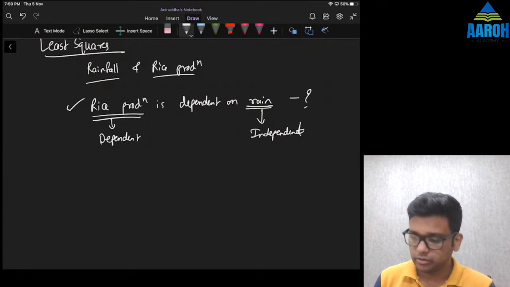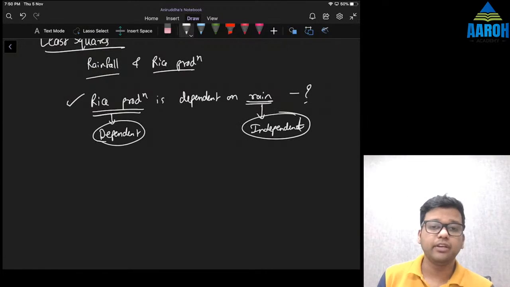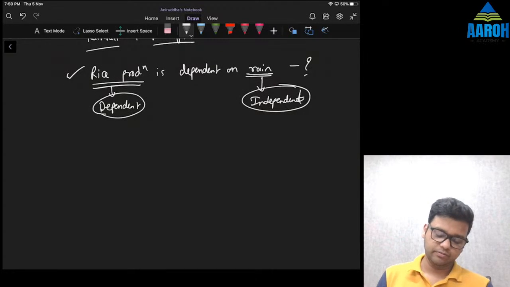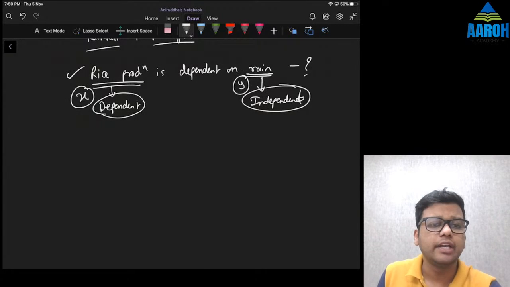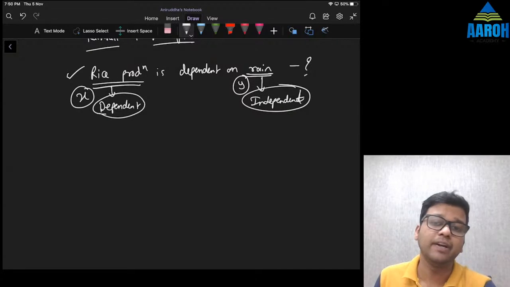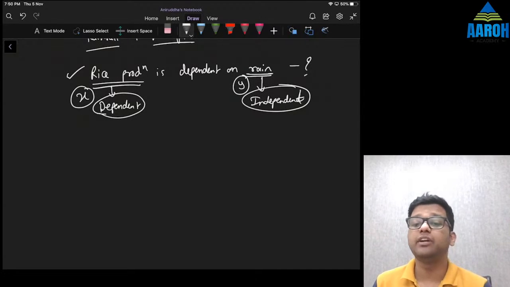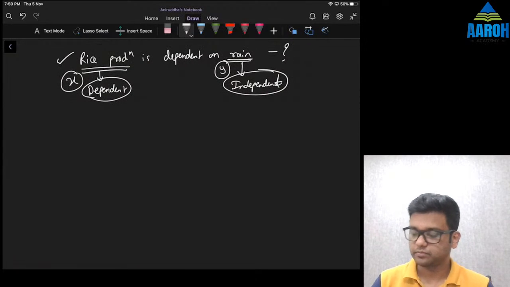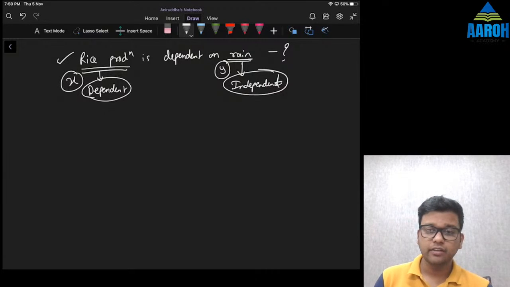Or it has some other names also. Let me put it in terms of x and y first. Let's say this is x and this is y. Here, is x dependent on y or y dependent on x? Anyone? Can I say x is dependent on y?